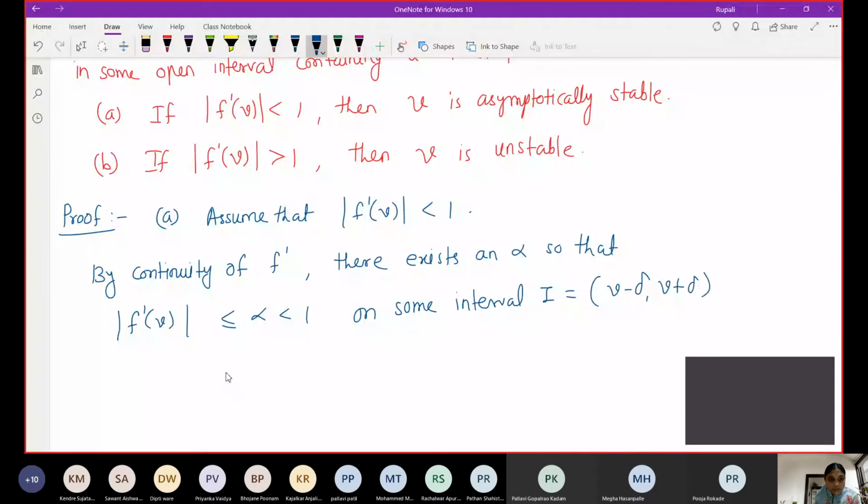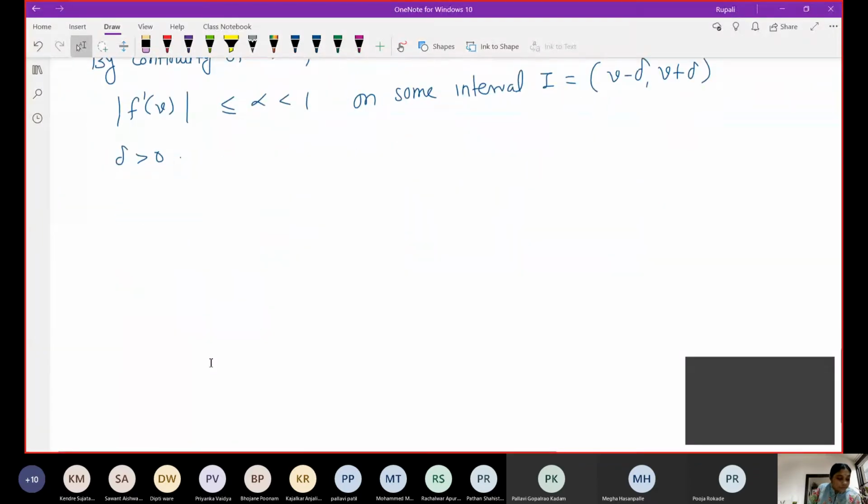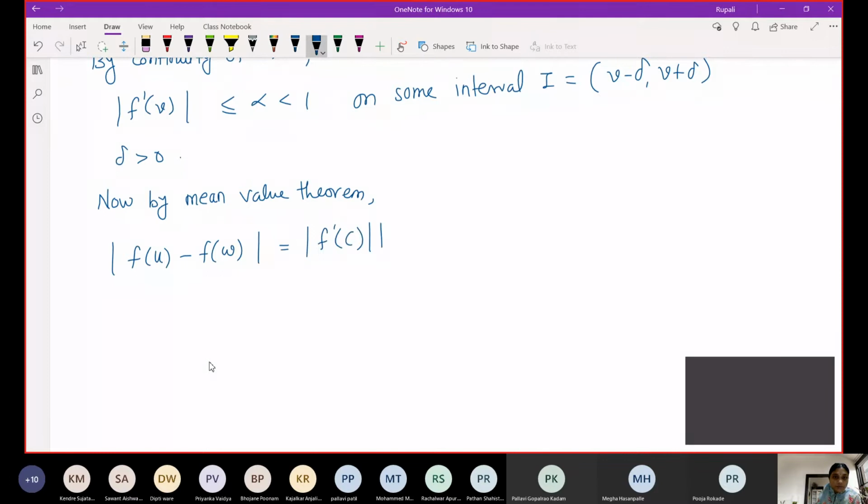Okay, so since f dash is continuous, we can say that there exists an alpha so that mod of f dash is less than or equal to alpha strictly less than 1 on some interval v minus delta, v plus delta for delta greater than 0. Now by mean value theorem, we get mod of fu minus fw is equal to mod of f dash of c into mod of u minus w.